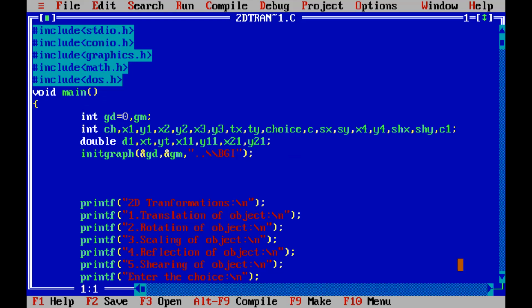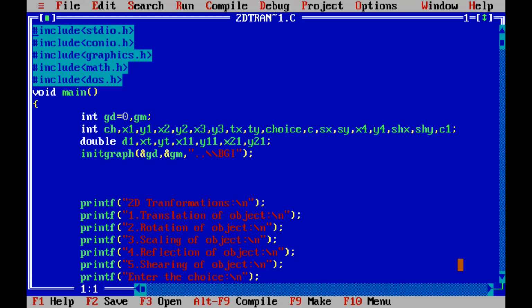This translation takes place in a linear way, in a straight line. The movement of the object is along a straight line path. That is called translation.